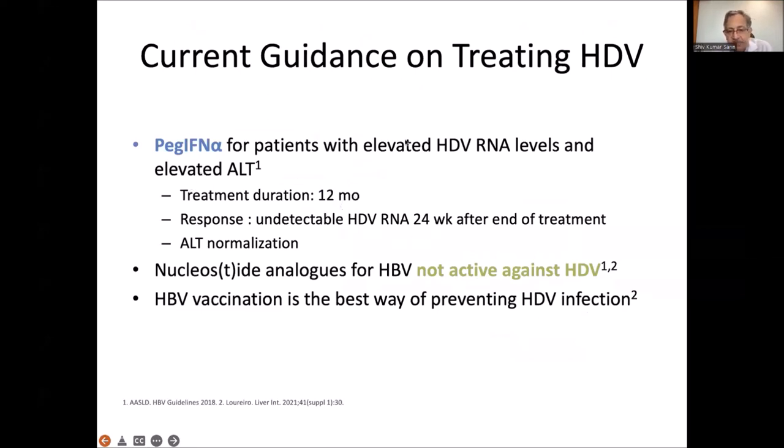After 6 months, RNA should generally decrease, and 24 weeks after therapy, at 72 weeks, HDV RNA should remain negative. ALT should normalize. And the best method of preventing delta is to give hepatitis B vaccination to the whole population. If the population is vaccinated, no hepatitis B, no delta.